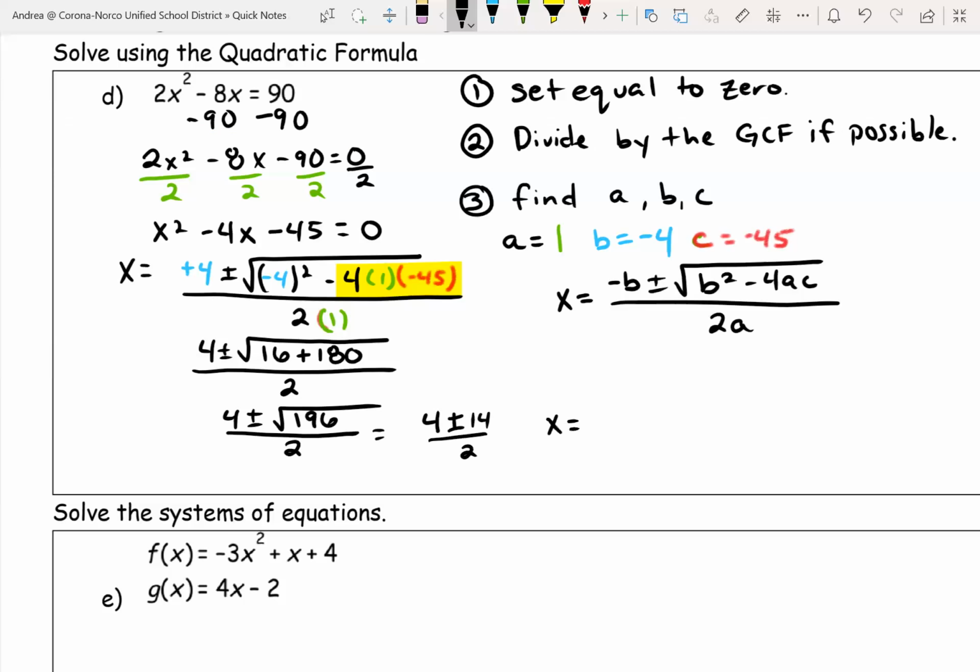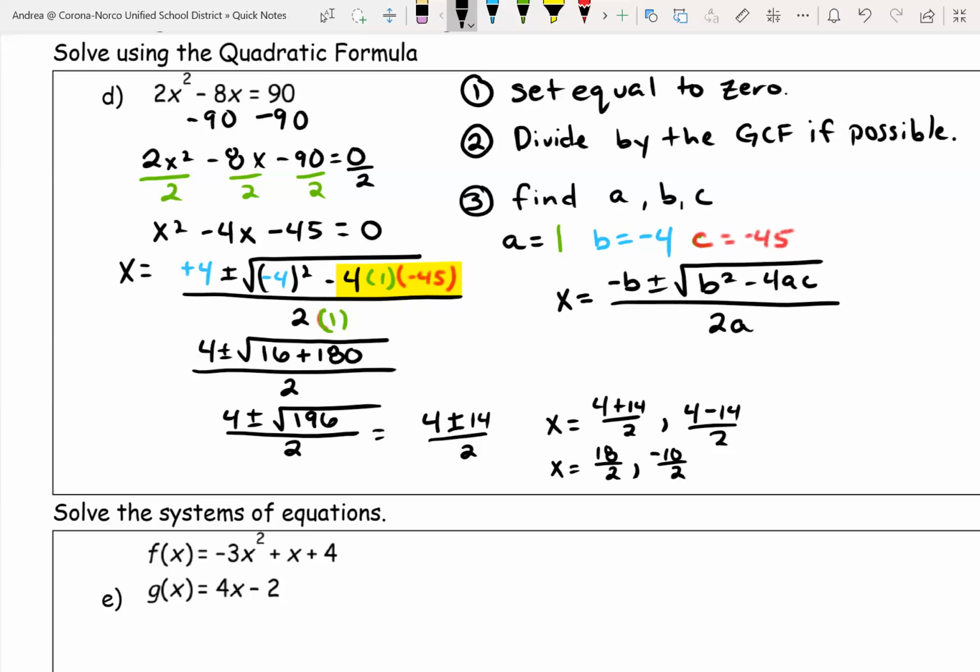I have to have 4 plus 14 over 2 and 4 minus 14 all over 2. That's going to give me x equals 4 plus 14 is 18 divided by 2, and 4 minus 14 is negative 10 divided by 2.